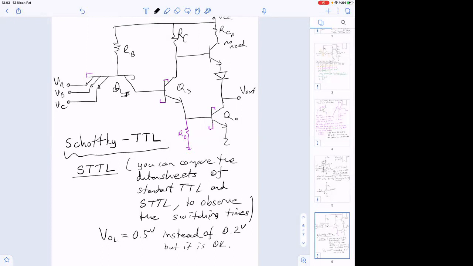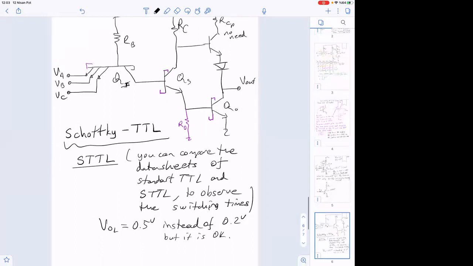That means they decrease those resistances, so the power dissipation is high, but the switching on and off is faster because there is more current available for charging and discharging the capacitances, parasitic capacitances or line capacitances, the PCB line capacitances.